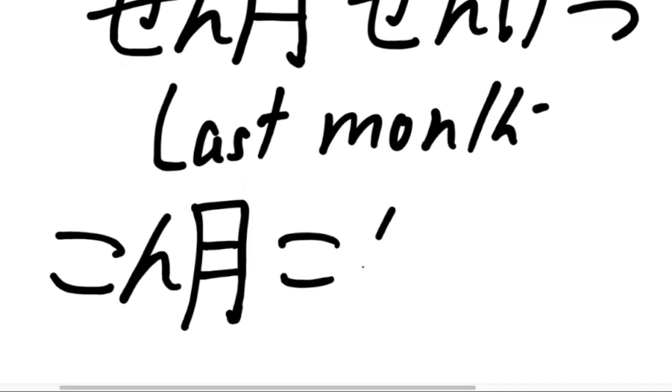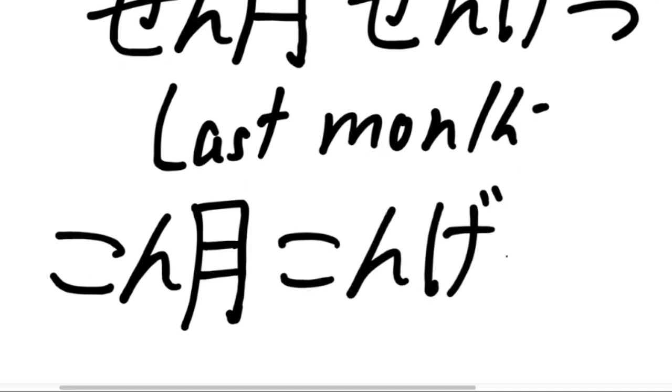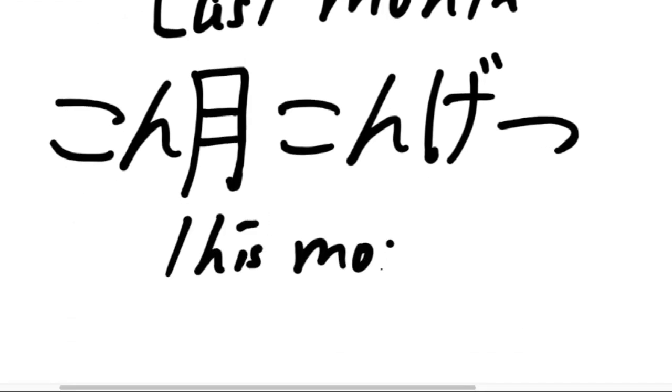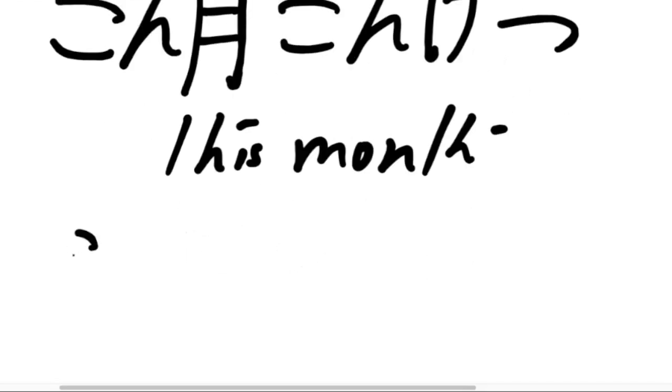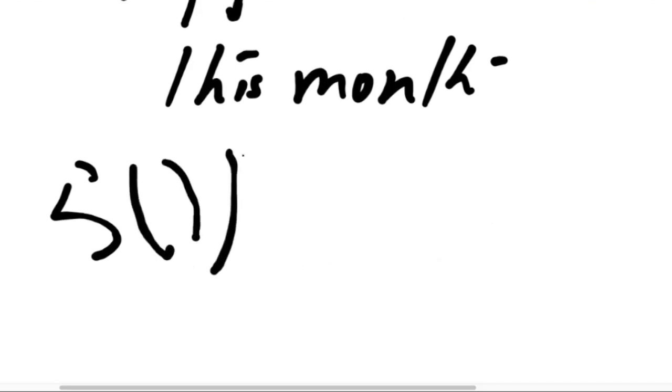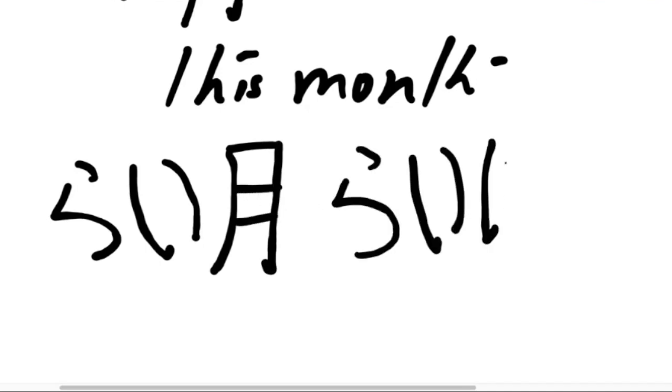Kongetsu means this month. Raigetsu, next month.